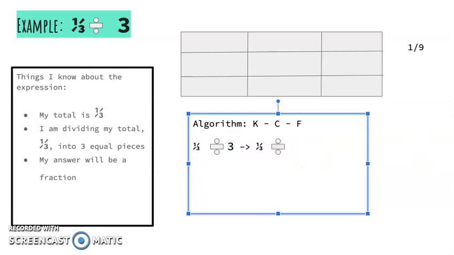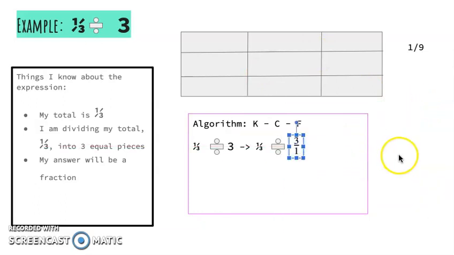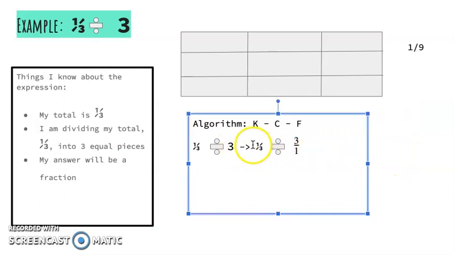Okay, we have to put it over a 1 in order to turn it into a fraction. So the 3 is going to become 3 over 1. So now this is my new expression, 1/3 divided by 3 over 1.